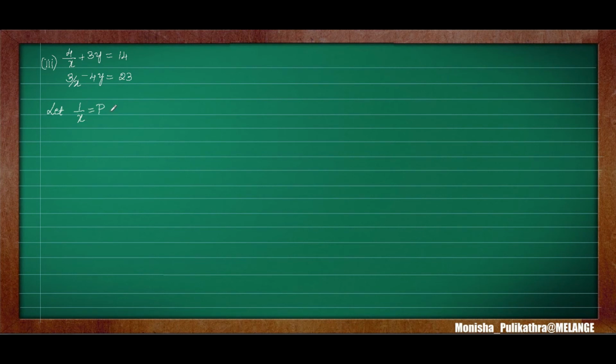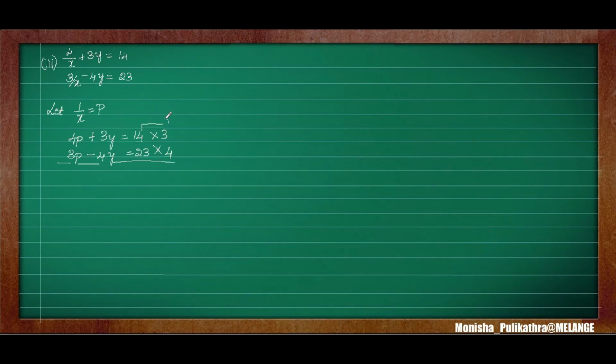So 1 by x is equal to p. The equations will become 4p plus 3y is equal to 14 and 3p minus 4y is equal to 23. Again we have to make the coefficients of one variable similar. So I will be multiplying the first equation by 3 and the second equation by 4.